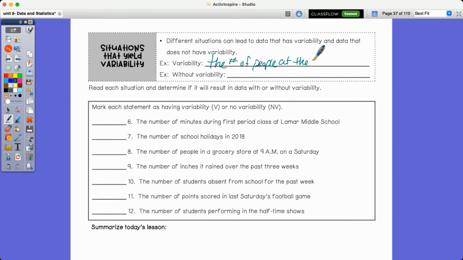Without variability would be like the number of months in the year. If I ask you, it's 12, right? I ask your neighbor, it's 12. If I ask someone else, it's 12. So when we are doing without variability, everyone's answer is going to be the same. Now, if I ask you your height, everyone's height, that's different. That has variability.